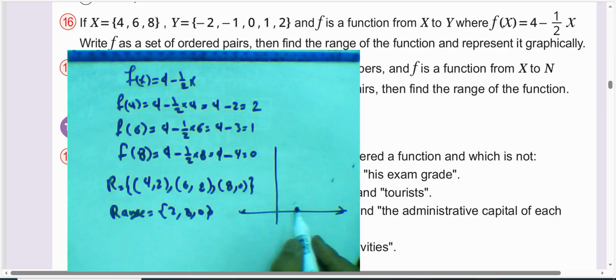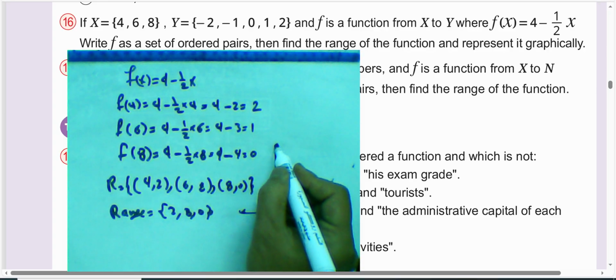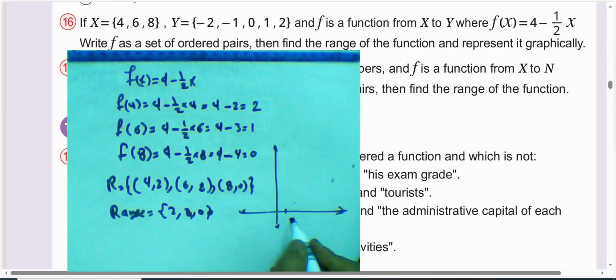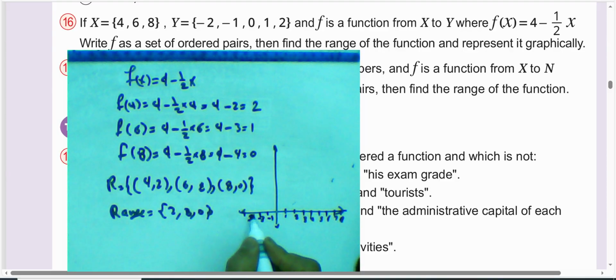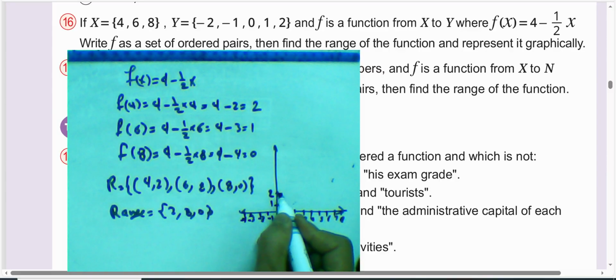Graphically we can draw the x axis and y axis. X was 4, 6, 8. We can write 0, 1, 2, 3, 4, 5, 6, 7, 8, and here negative 1, negative 2, negative 3, negative 4, and the vertical y 1, 2, 3, and down negative 1, negative 2.